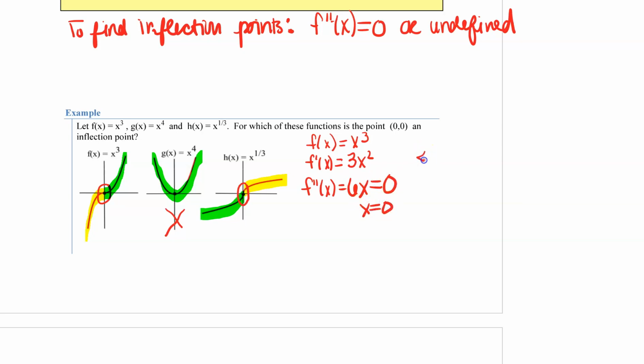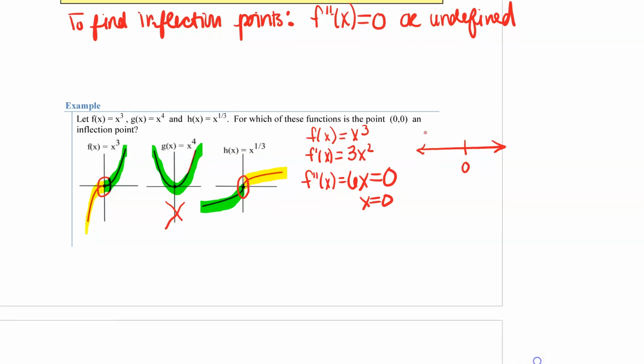If you take a number line and look at that inflection point you just found, which was at 0, and then plug in values to the left and right of 0 into your second derivative, you'll figure out what the concavity is going to look like. So if I plug in -1, f double prime of -1 would be equal to 6 times -1, which is -6.